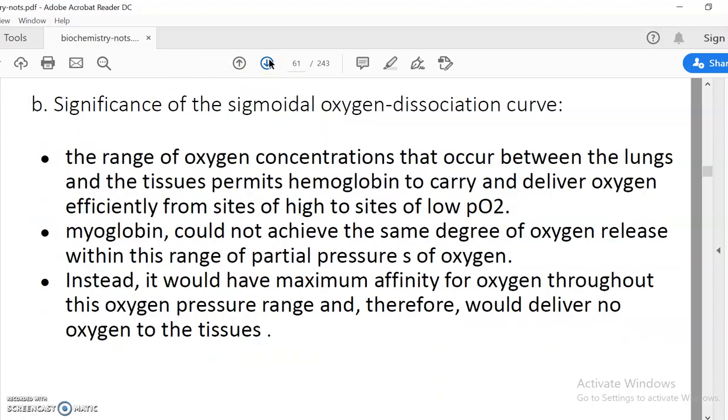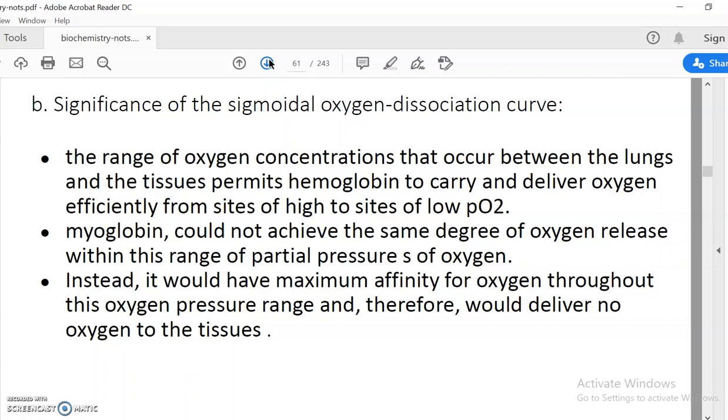The range of oxygen concentration that occurs between the lungs and the tissue permits hemoglobin to carry and deliver oxygen efficiently from a site of high to a site of low oxygen.